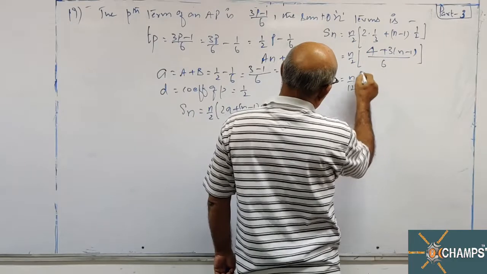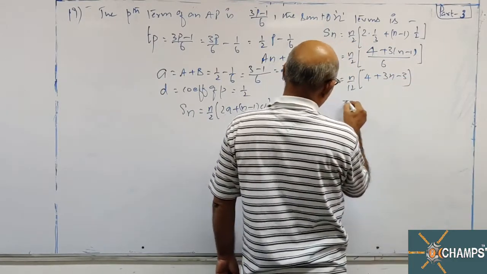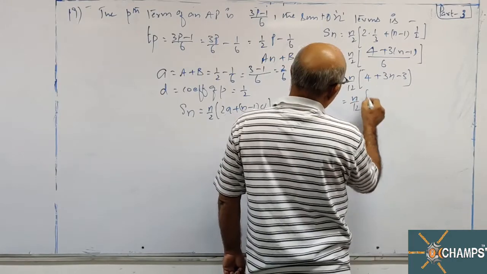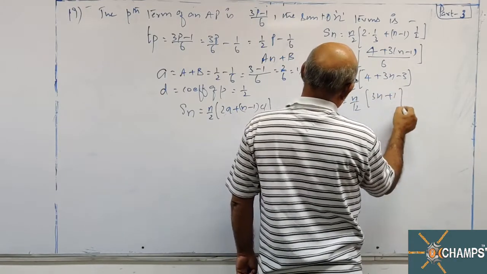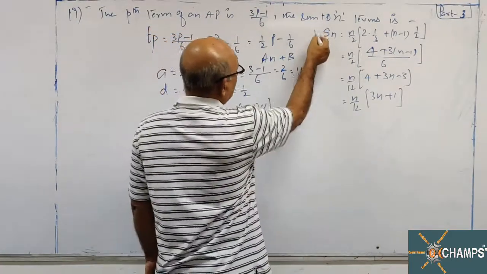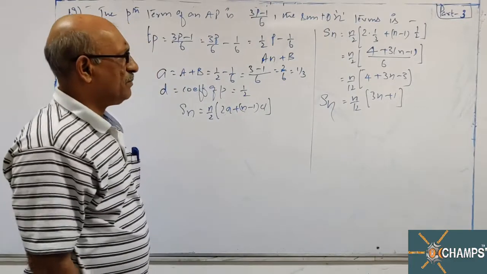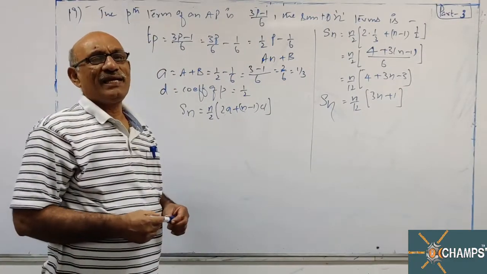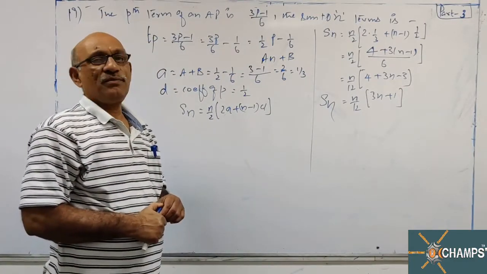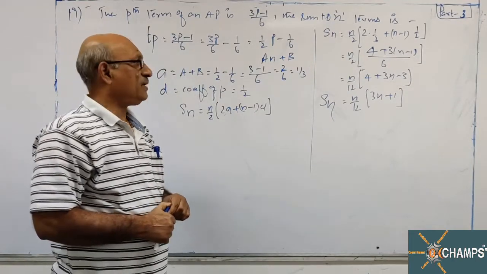So n by 12 into (4 plus 3n minus 3), n by 12 into (3n plus 1). Sn is equal to n by 12 into (3n plus 1). This way you can calculate sum to n terms when general term of a sequence is given.